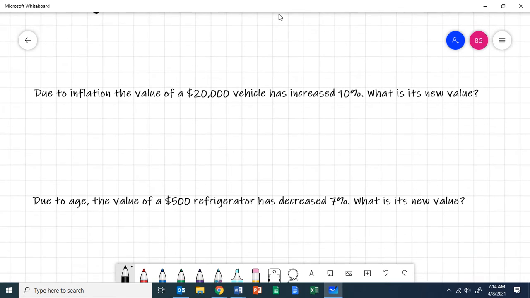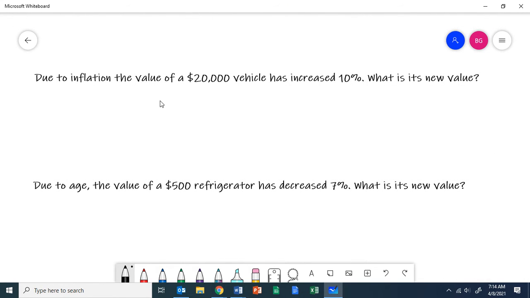Okay, so here's our first problem. I want you to try this one by yourself now. It says, due to inflation, the value of a $20,000 vehicle has increased 10%. What is its new value? I want you to go ahead and attempt this problem. Okay, so this problem has a couple different ways you can solve it.